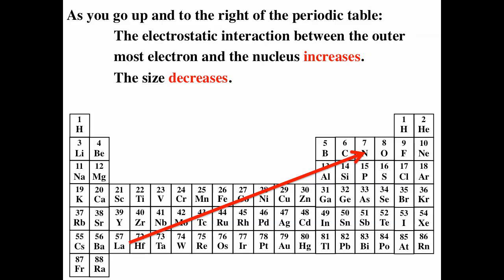And so as you go up and to the right, atoms tend to get smaller. Now we call these trends because we will find exceptions, but in general, elements follow these behaviors. And so the size is due to electrostatic interaction between the outer electrons and the nucleus. And so that increases as you go up and to the right. And so the size decreases as you go up and to the right.